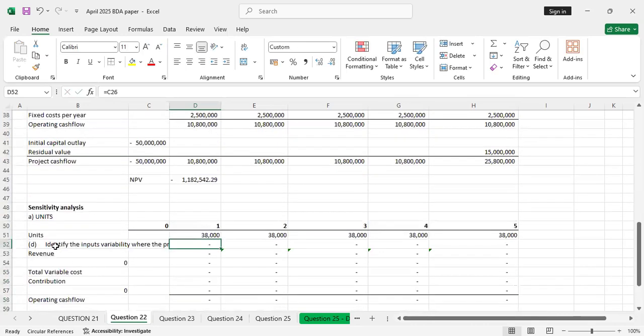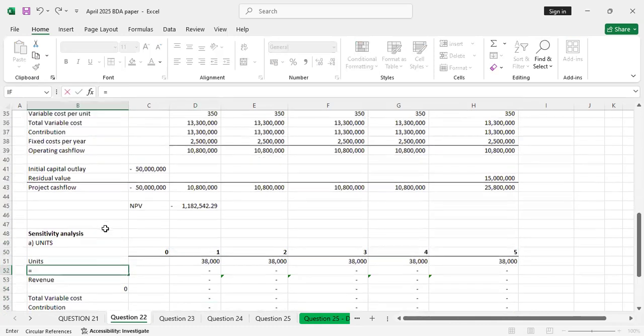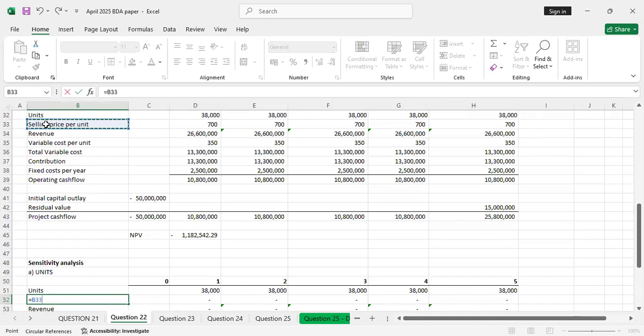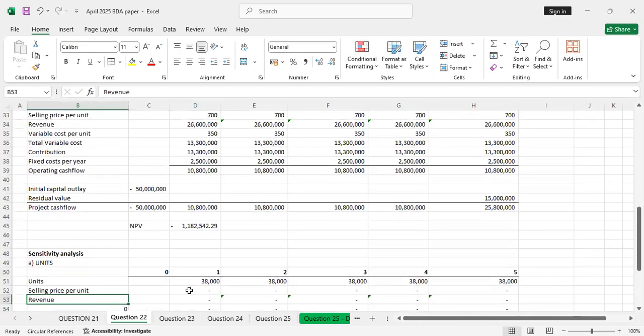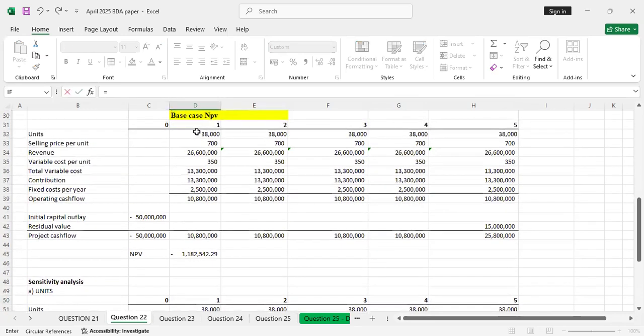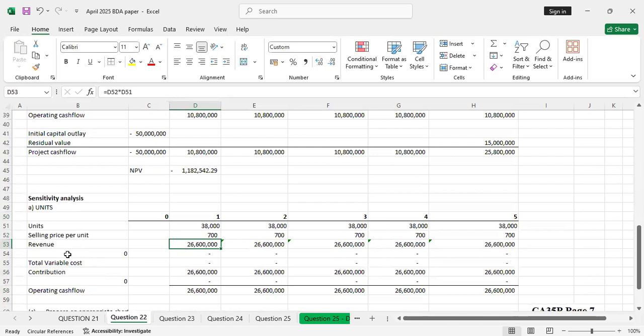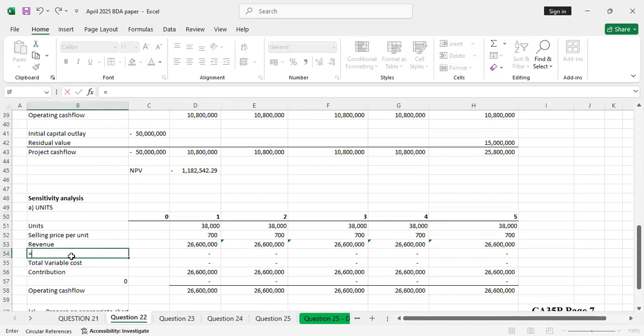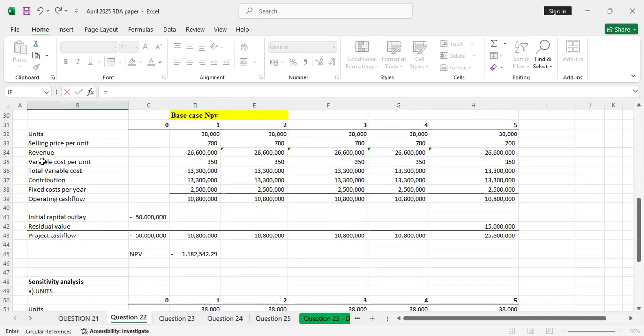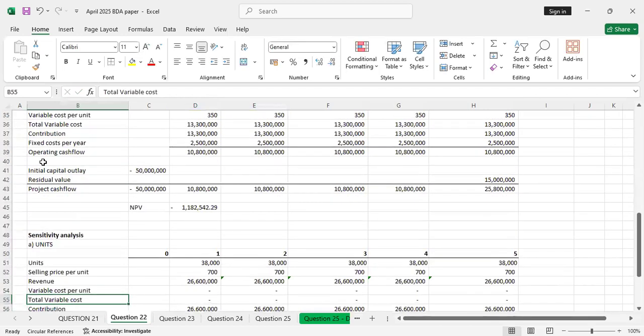So for this, I'll put the selling price per unit. Copy that. Then the variable cost per unit.